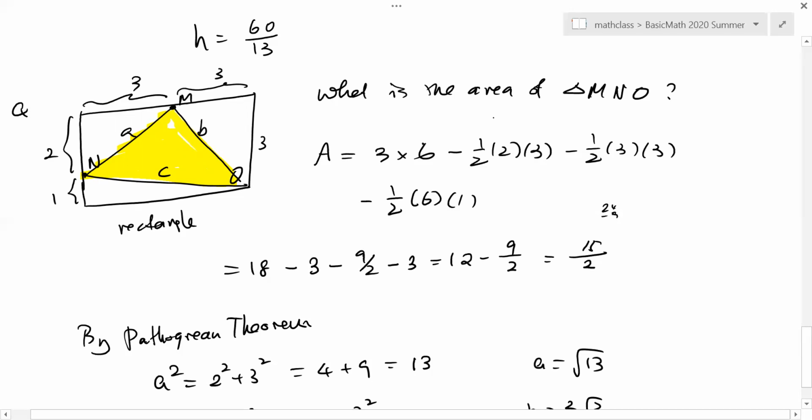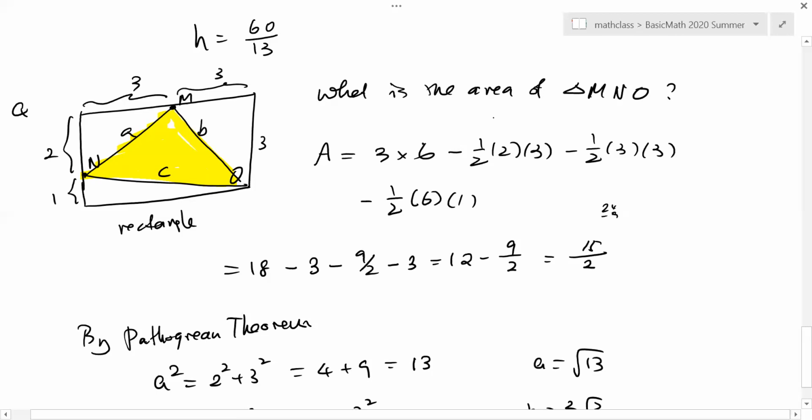That's it. Then you subtract it from the area of the rectangle. Okay. So it's not 3 times 3, okay? 3 times 6. Do you get it? Okay, great. The idea is just to use the subtraction method.